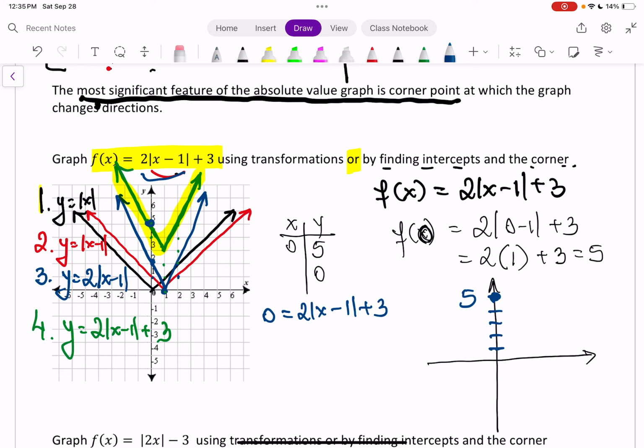So solving this absolute value equation, as we learned last time, we would minus the 3 from both sides, divide by 2.